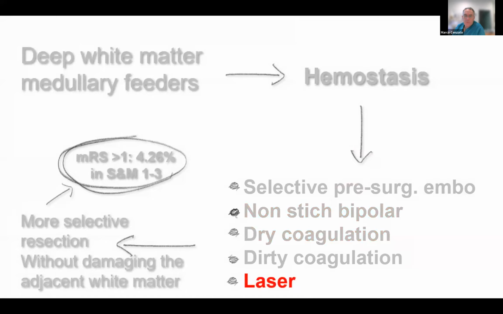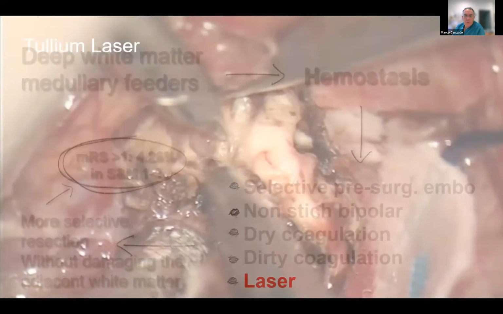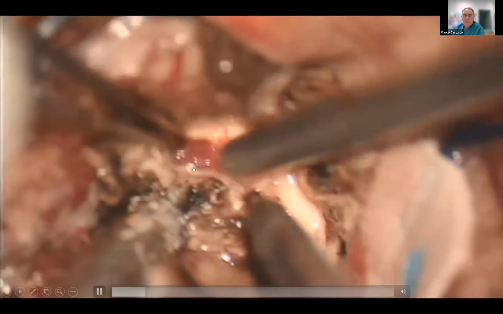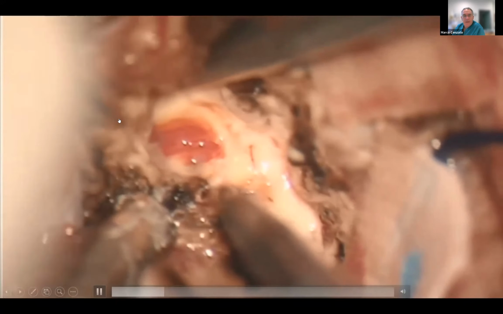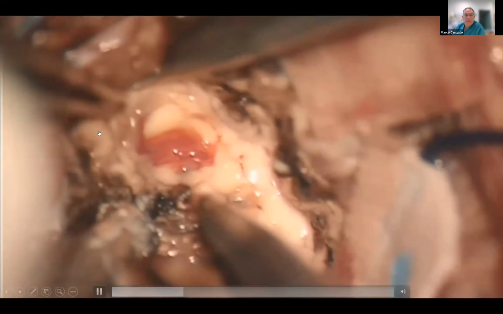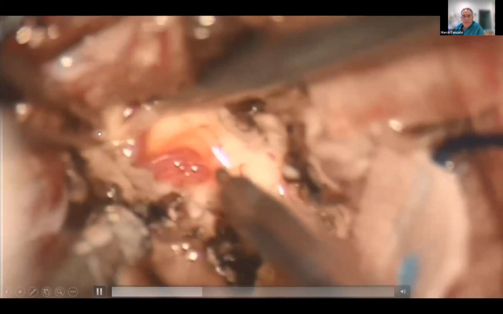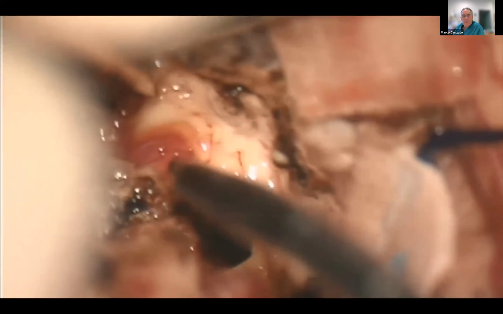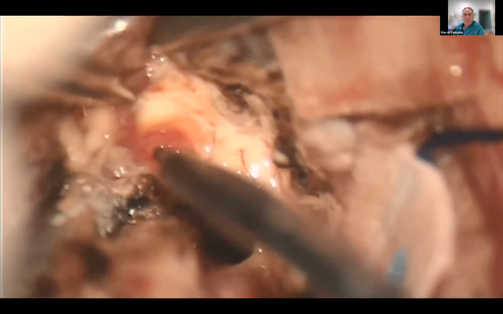What is important to show, and I want to show you, is that we all know how fragile these vessels are. These are the so-called red devils, the very tiny, very fragile vessels in the white matter, and they are very difficult to close by surgery.